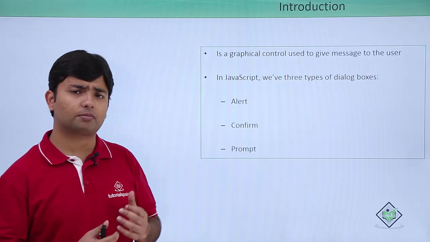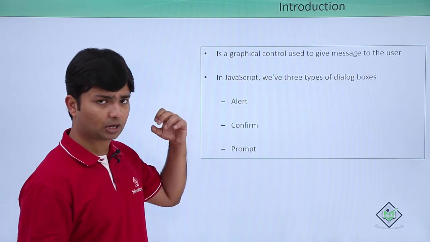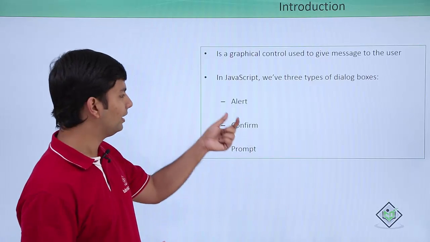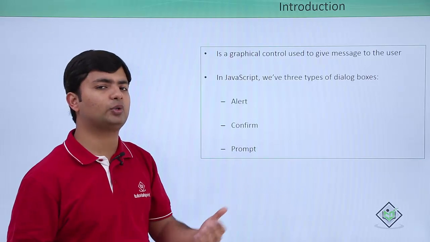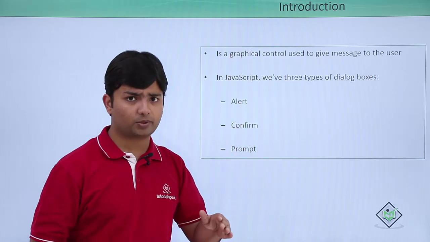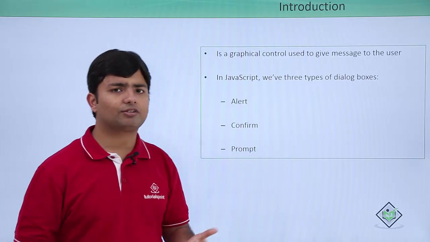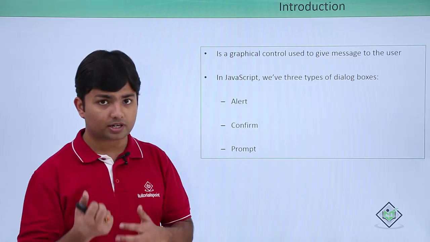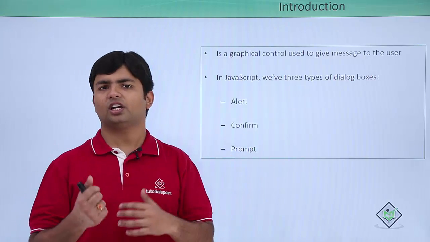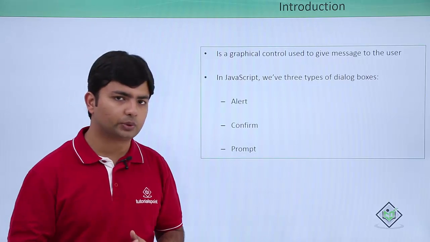Each dialog box can be called by calling the function of the same name, but completely in lowercase. Alert, with a small a, is a method which will give you an alert box, and the very same case is with confirm and prompt. Alert will just give you a message with the OK button so that you can read and say OK. But confirm, as the name says, will be used whenever we require to ask something of the end user.